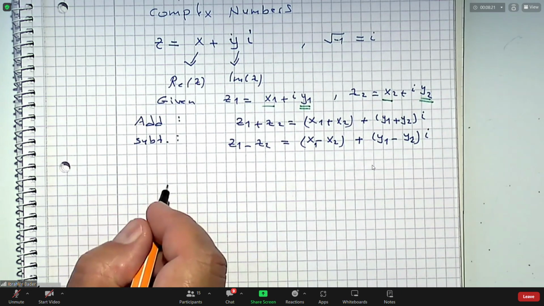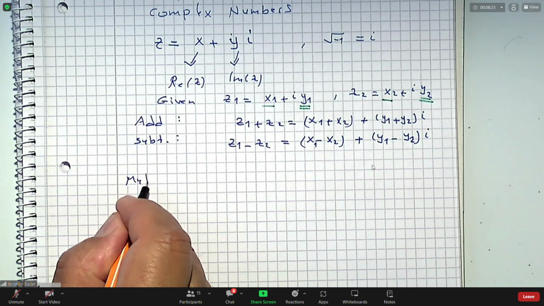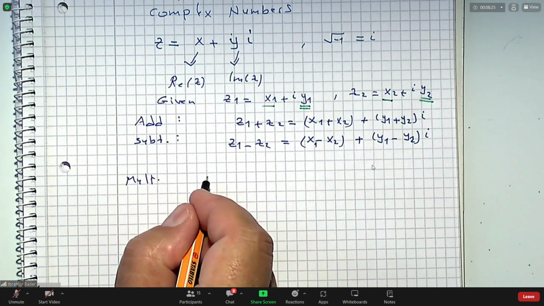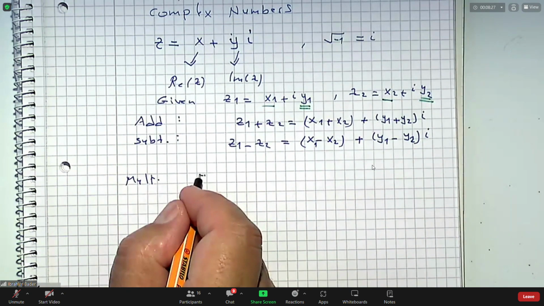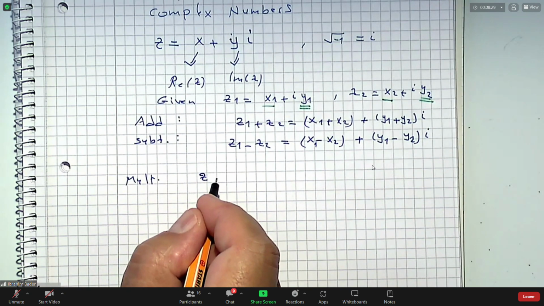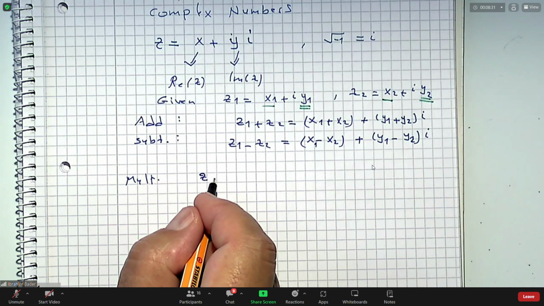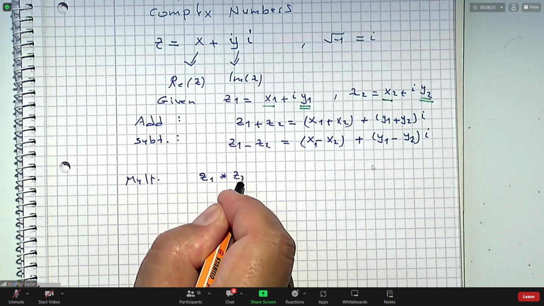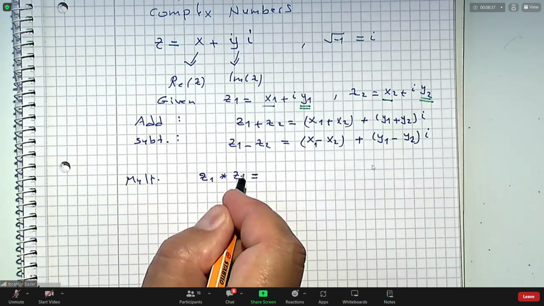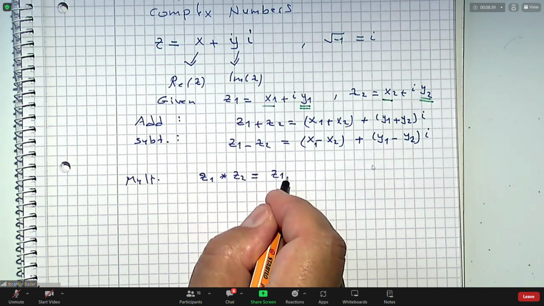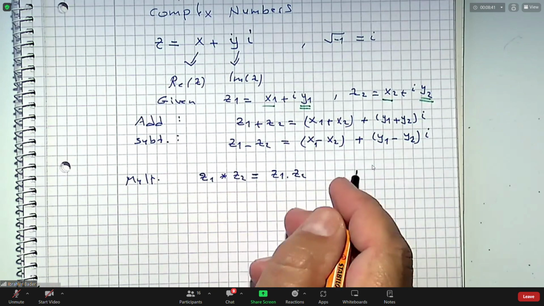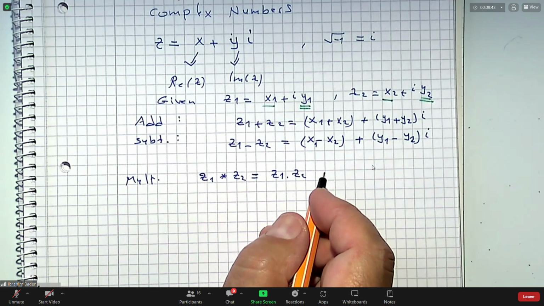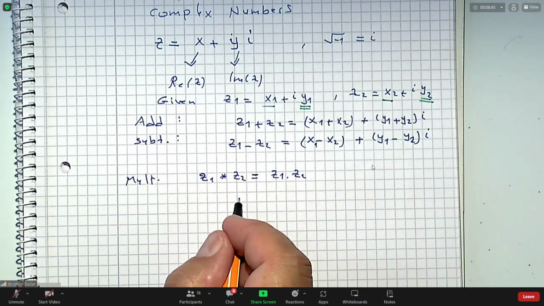Now multiplication, whenever you think about multiplying two numbers. So at the beginning we use the asterisk, but then we just leave it. So we can say also z1 z2 with a dot or without a dot. And now here, let me just write the two numbers here.